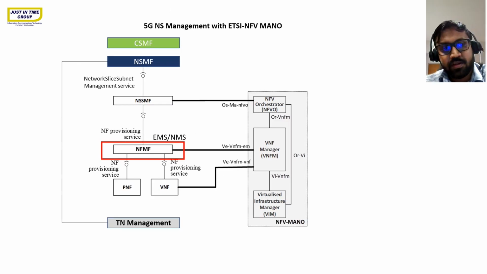The VNF manager will definitely interact with the network function management function. Typically over here, it was an EMS or NMS system managing that specific PNF or VNF. So the network slice management function will be on top, managing the entire network slice. It could be cloud native infrastructure, it could be core network, it could be transport, it could be radio access network.